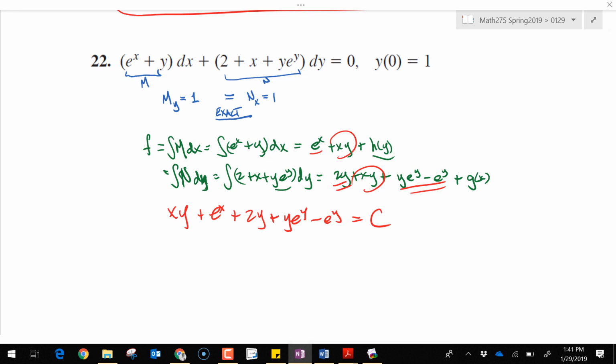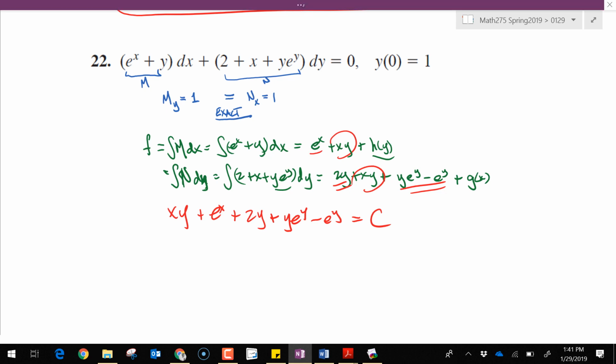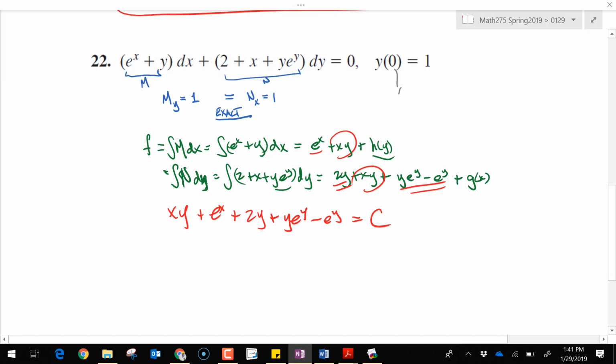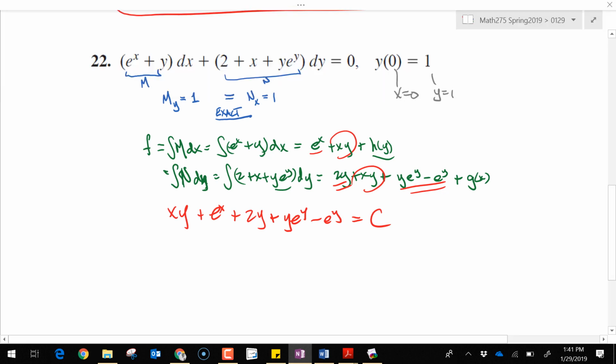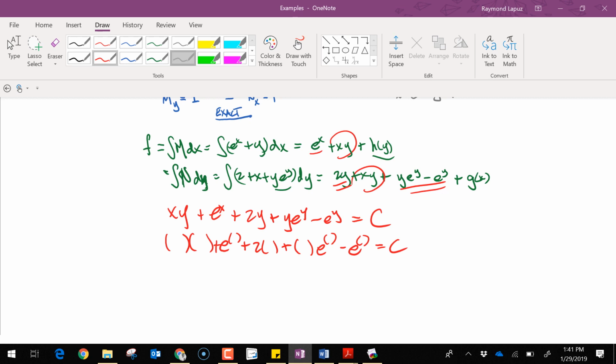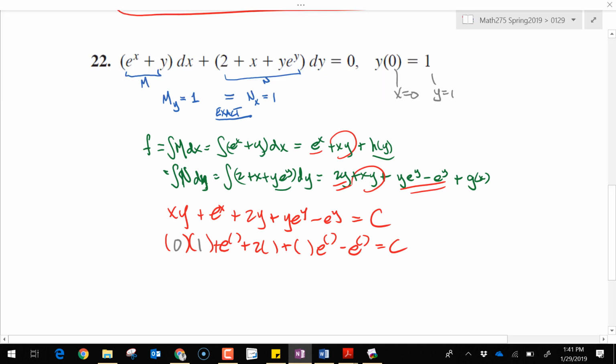Now we have an initial condition that says that y of 0 is equal to 1. So that's essentially saying that when x is equal to 0, y is equal to 1. So we want to put that into our equation. We're going to put zeros in for the x's, ones in for the y's, and solve for the constant.